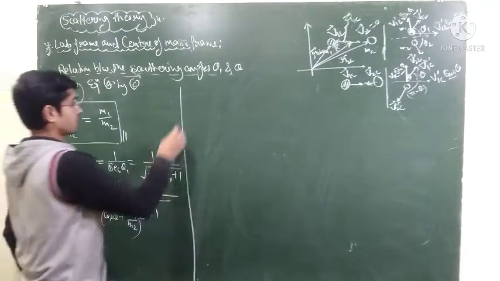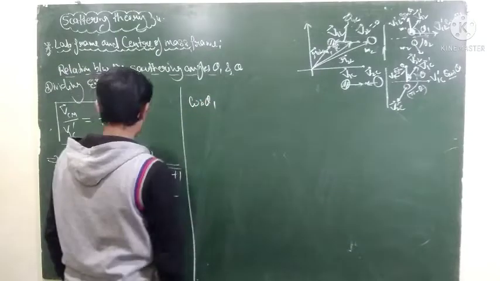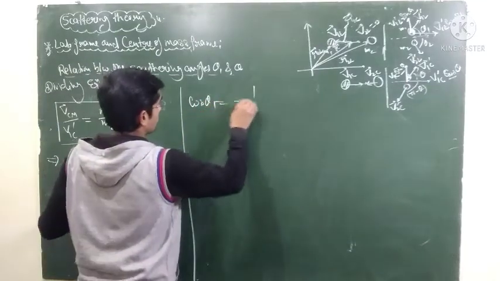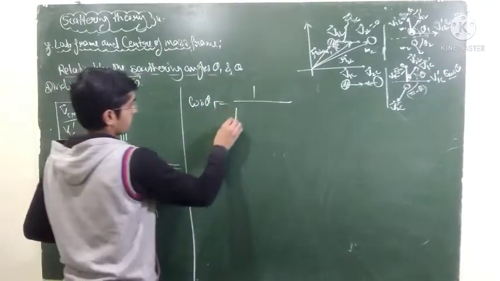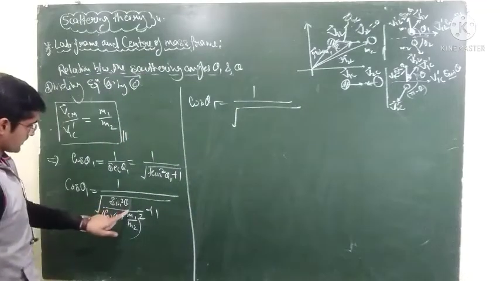So cosine of theta 1 is equal to 1 over square root of sine square theta divided by this.